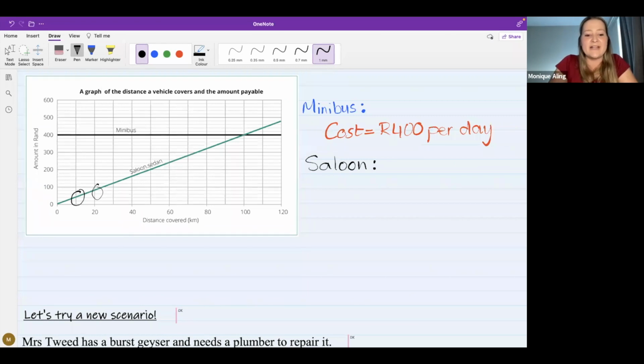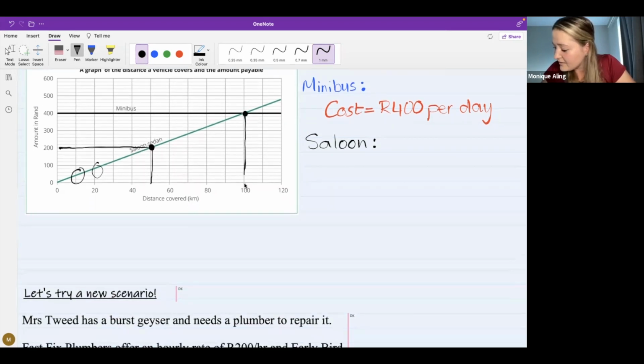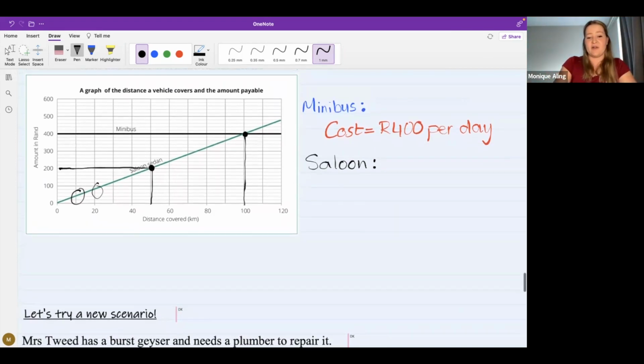So when in doubt, it might not always be clear, always go find a point that is exact. For example, over here, we've got an exact point. At 50 kilometers, it's 200 Rand. Or here's another exact point. It's 400 Rand for 100 kilometers.